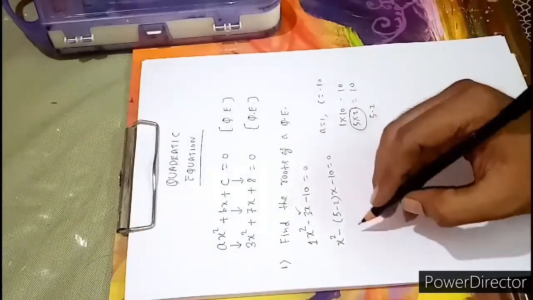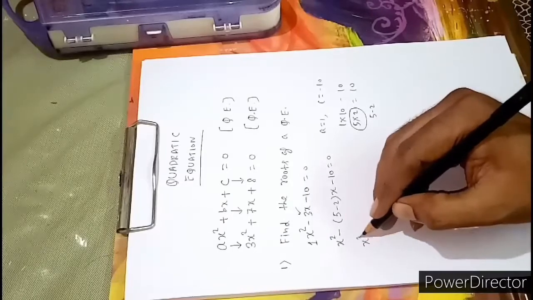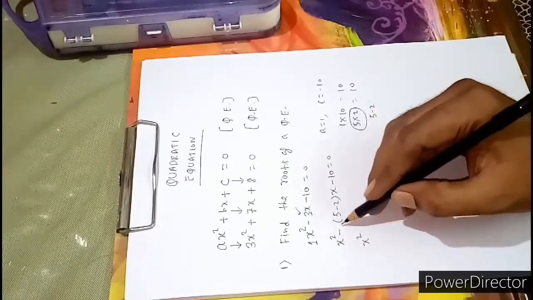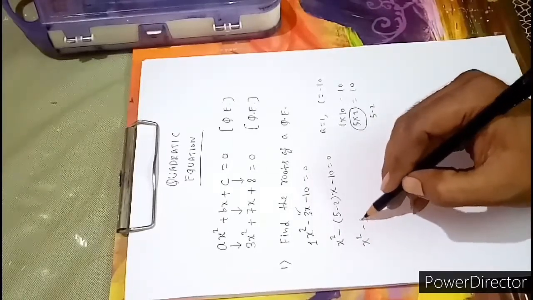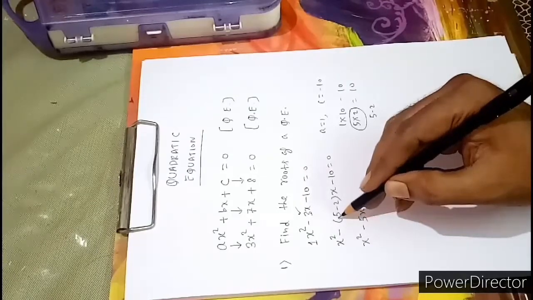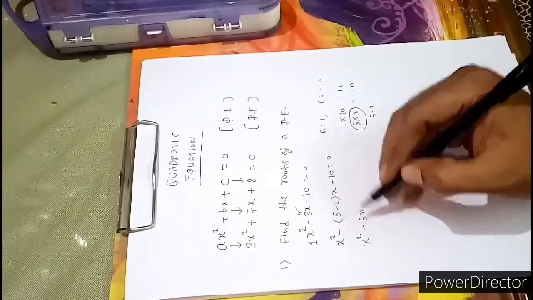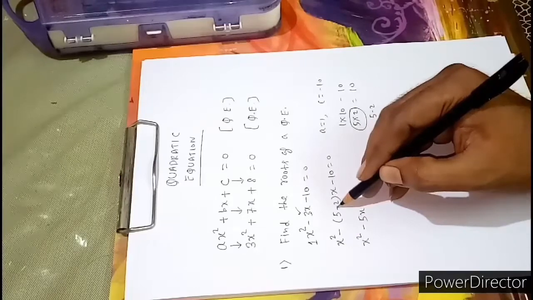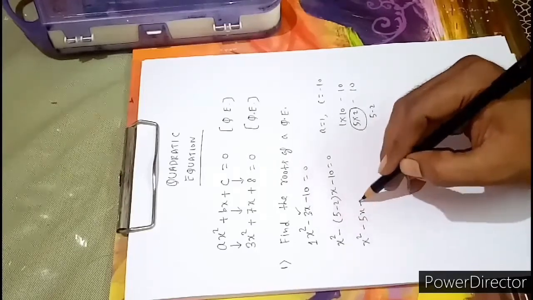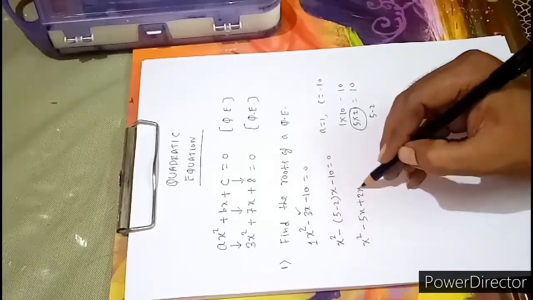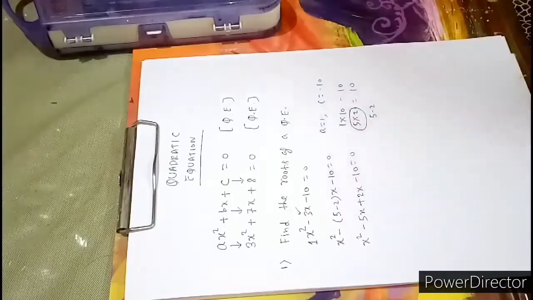Now we need to split this bracket. x square minus into plus minus 5x, sign of 5 is plus, so minus into plus is minus. Sign of 2 is minus, minus into minus is plus, 2 into x is 2x, minus 10 equals 0.